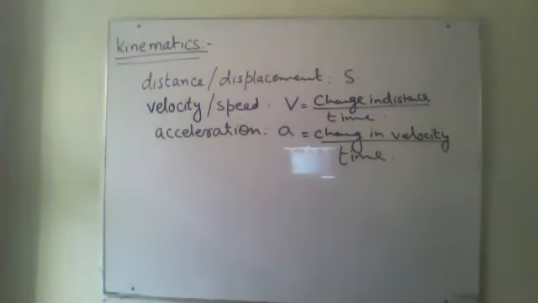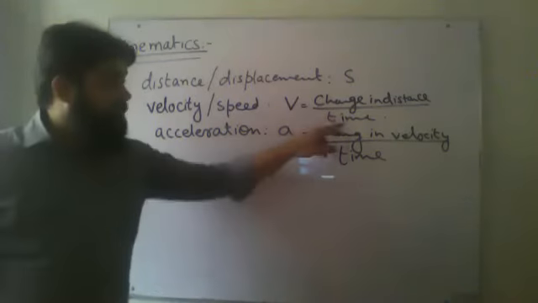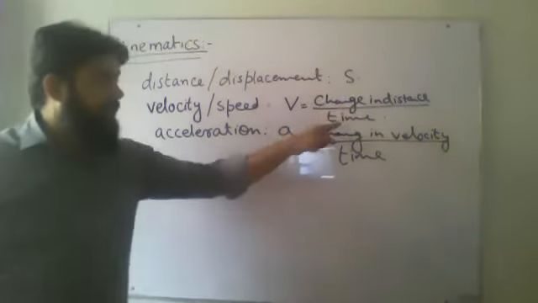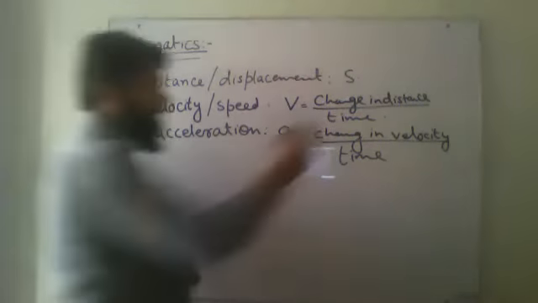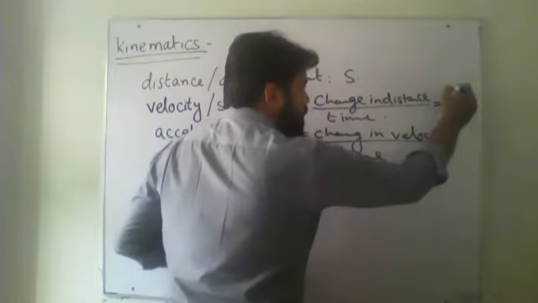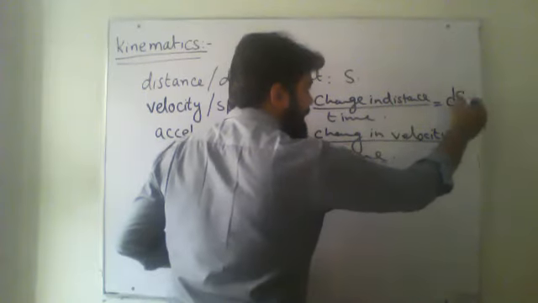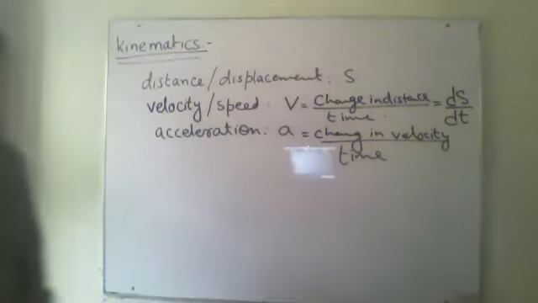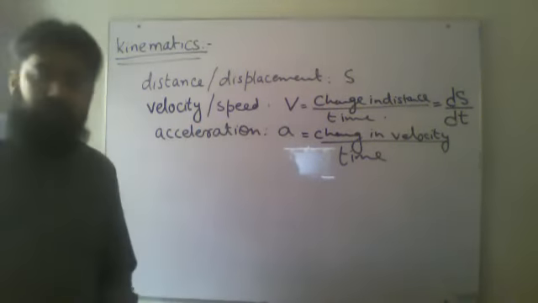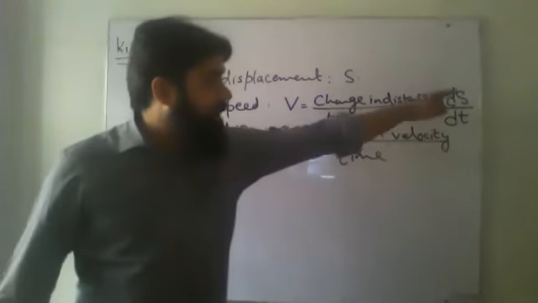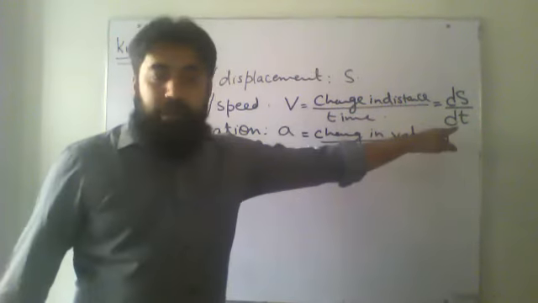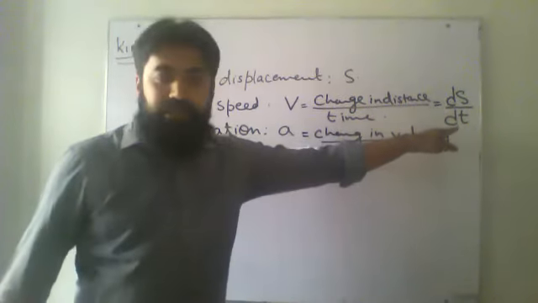Now, what is the difference over there? Change in velocity per unit time means velocity is changing, distance is changing, and time is changing. So now we are going to represent it by this: ds over dt, change in displacement with respect to change in time.